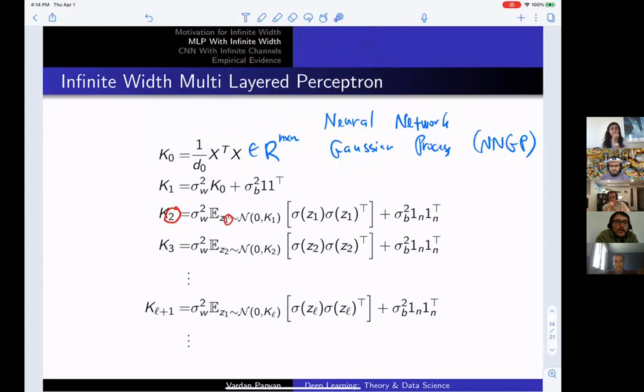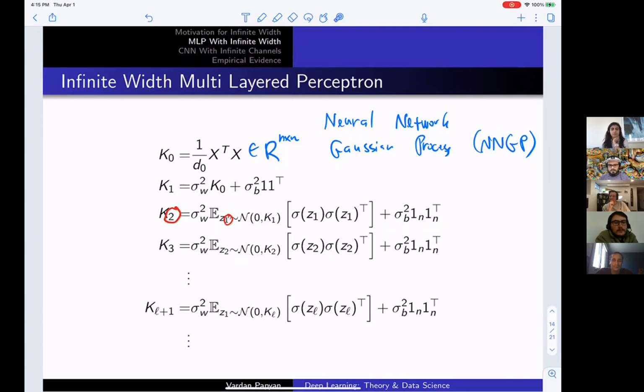And we do the expectation over Z1, which is distributed normally, with a zero mean and covariance K1, where K1 is the previous Gram, right? And then we have an expectation of sigma, which is the nonlinearity, of Z1, sigma Z1 transpose. And then there's a scalar here and some matrix here. Okay?